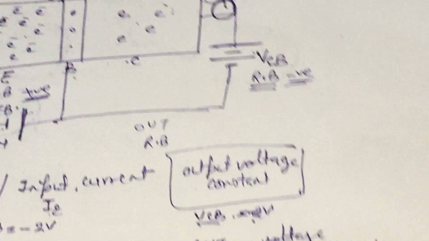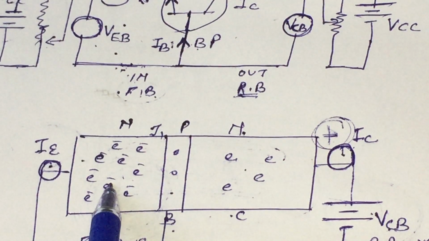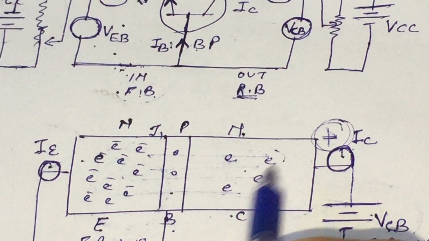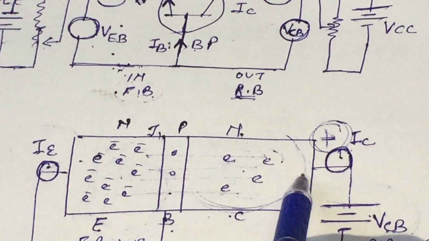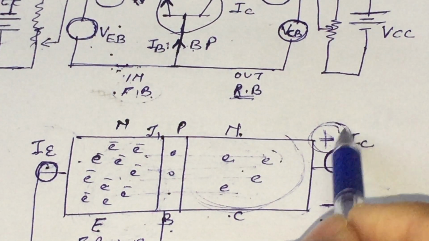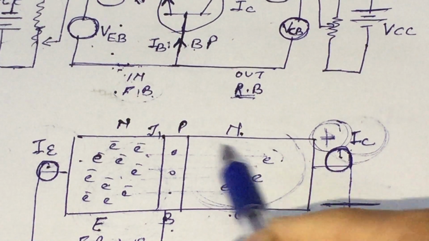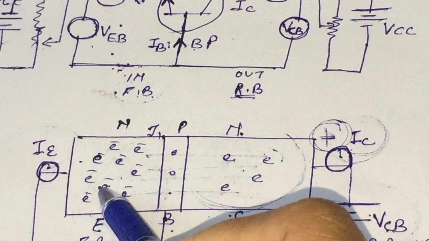But in our case, if we increase the number of electrons in the emitter region going into the collector region, it can increase the collector current.